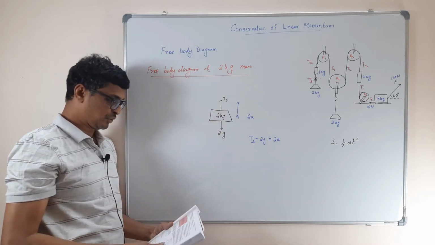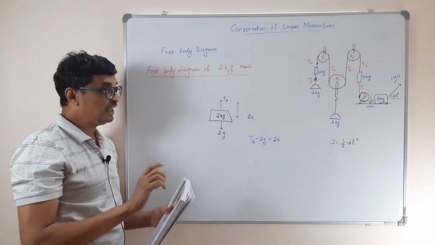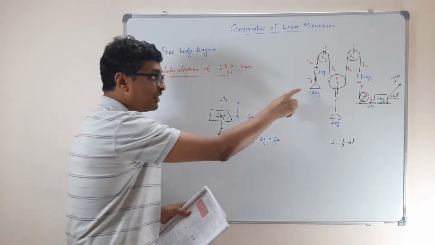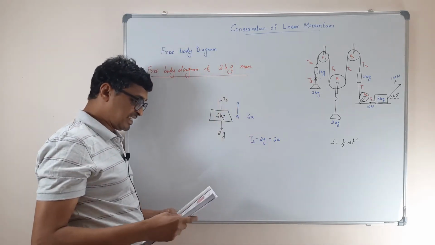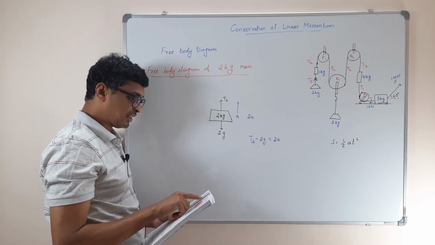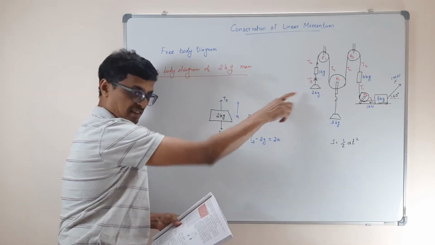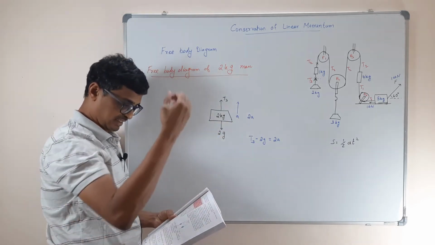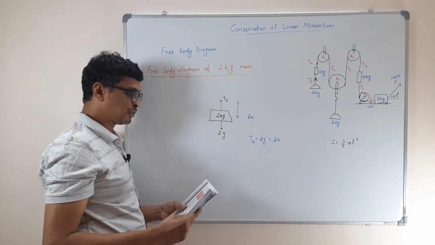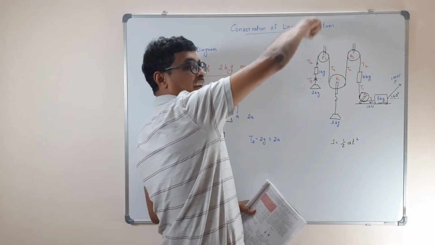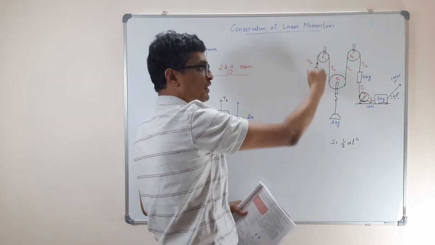To know this force, we need to know all the individual forces acting on this mass. You got it? So the agencies exerting forces on this mass are Earth's downward gravitational force, and the force due to the tension T3, which is pulling it up. There are only 2 forces acting.